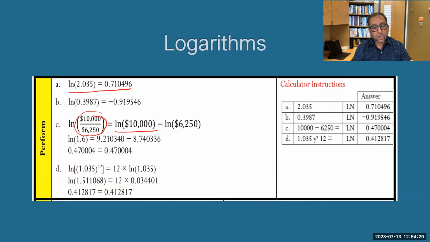Natural log of 10,000 over 6,250 means the natural log of 10,000 minus the natural log of 6,250. If there is a raised power, like natural log of 1.035 to the exponent 12, the rule of logarithms says that 12 should be multiplied with the natural log of 1.035. This is the way that we deal with the exponent.